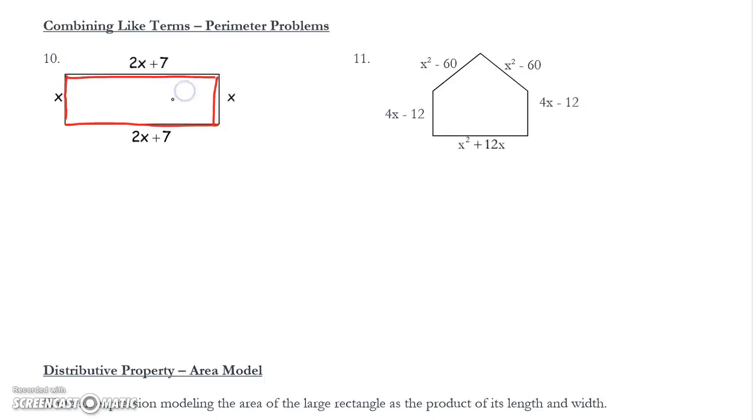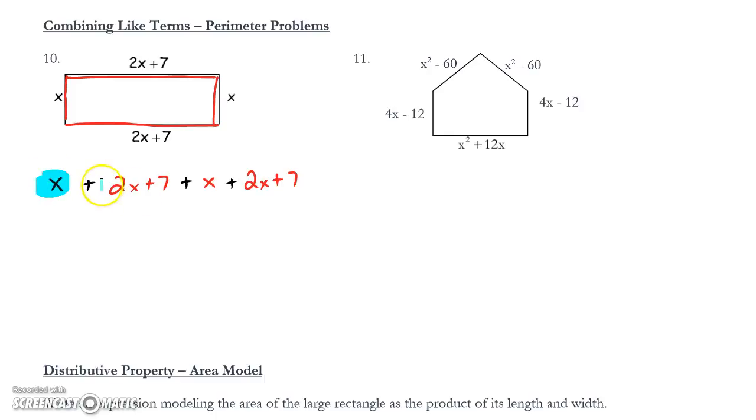So we can do this by simply writing this problem out horizontally, saying that this is x plus this side 2x plus 7 plus this side, which is another x, plus the top part, which is another 2x plus 7. Now it's one big long combining like terms problem.